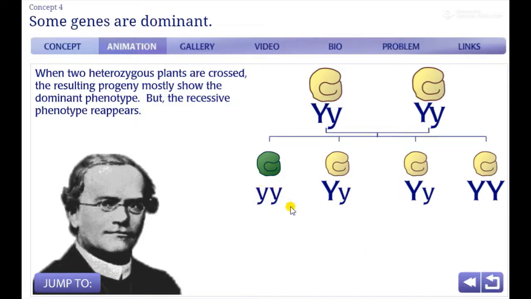The ones having small y and small y will code for the recessive character, the green color of the seed, and the ones having capital Y and small y will code for the dominant character, yellow seeds. Two of them are heterozygous here, and capital Y and capital Y is homozygous, yellow in color.